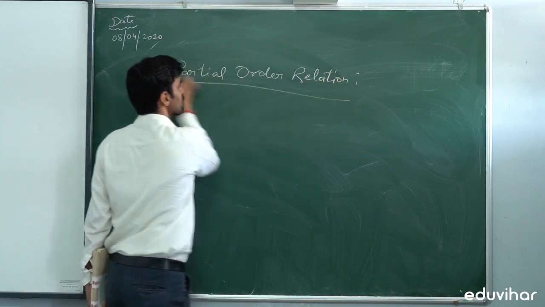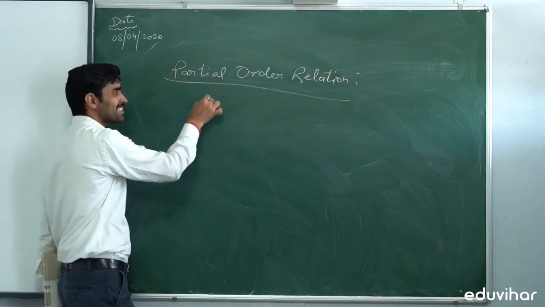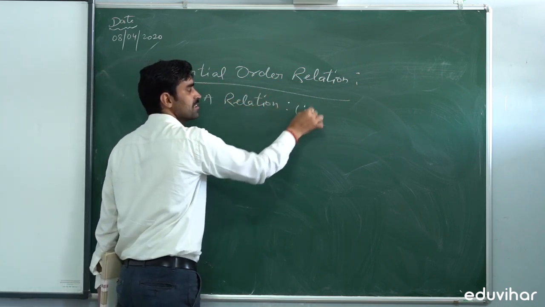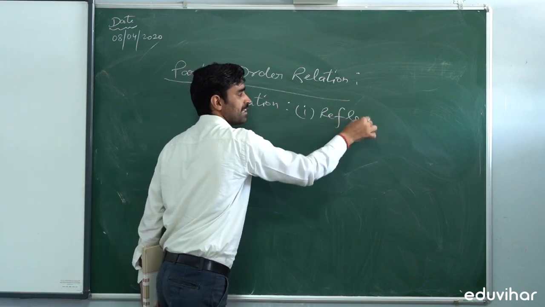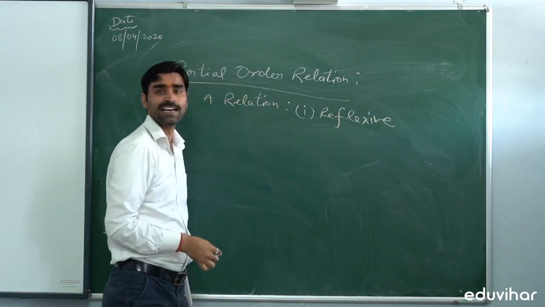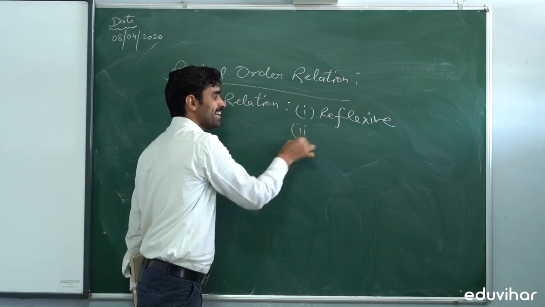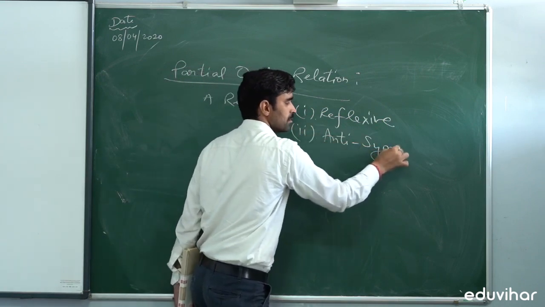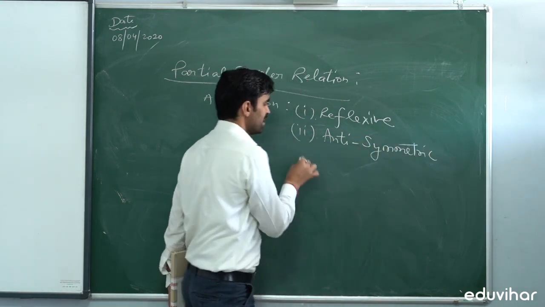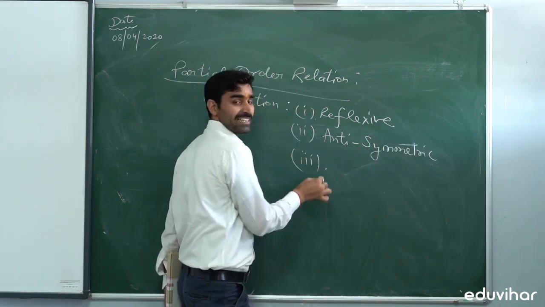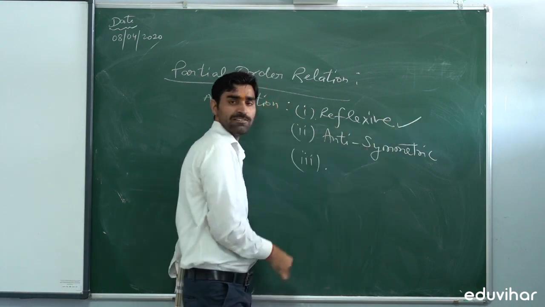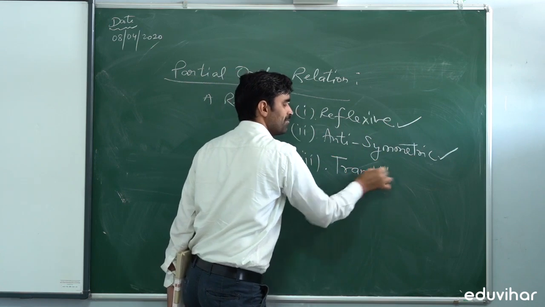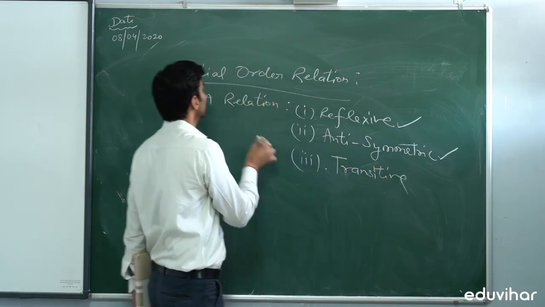We can say a relation which is reflexive, antisymmetric, and third is transitive will be known as what?